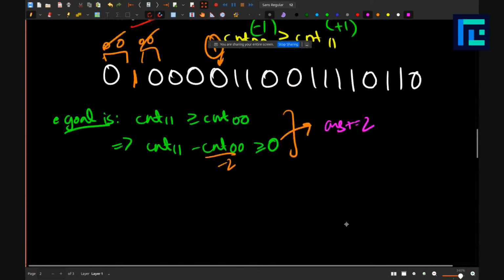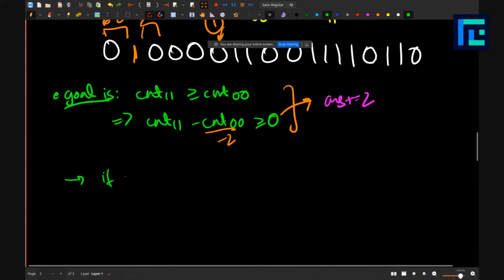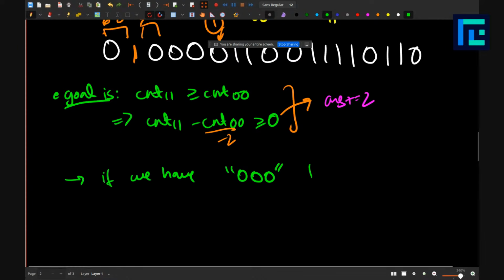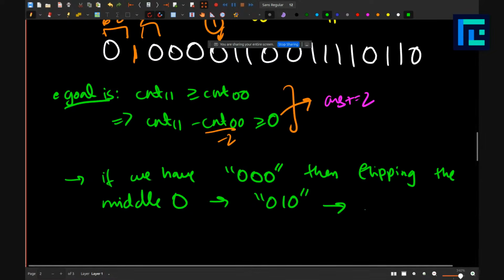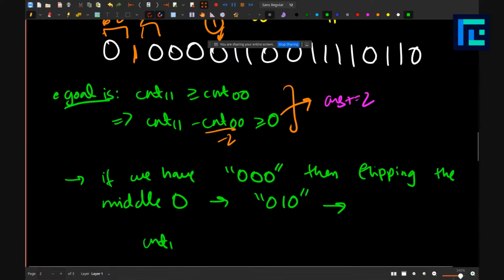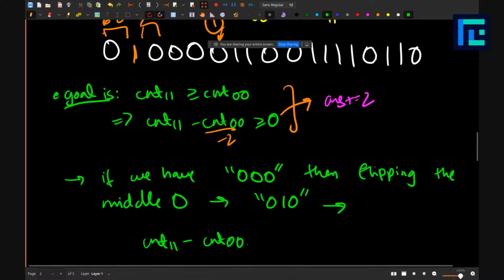Basically, if we have 0 0 0, then flipping the middle 0 converts it to 0 1 0, which increases our count 1 1 minus count 0 0 by 2, right?